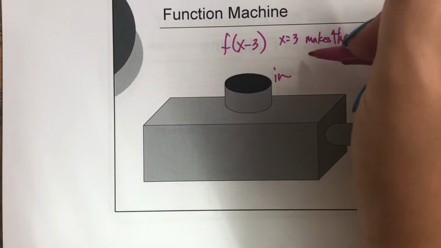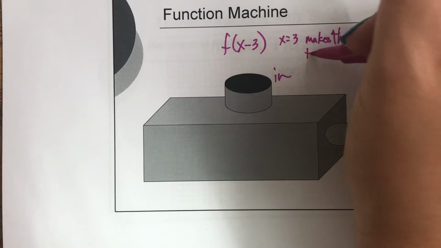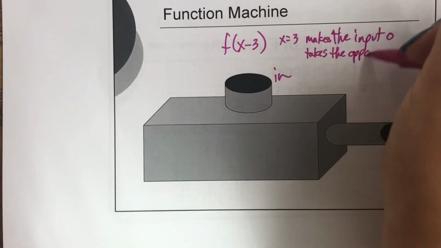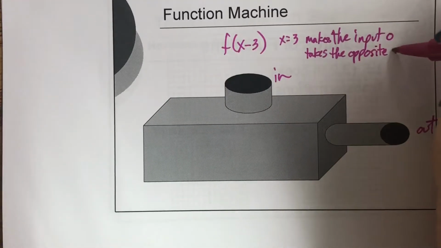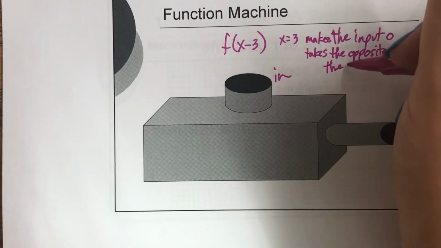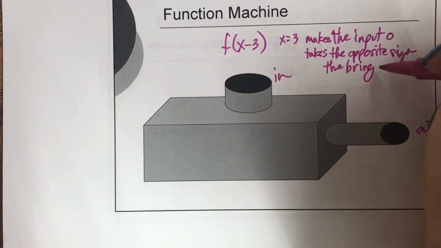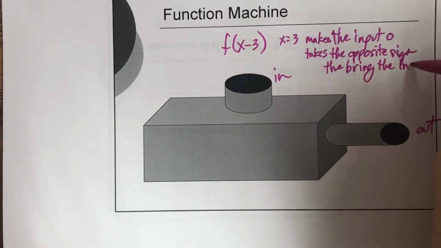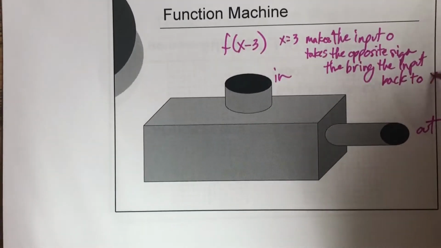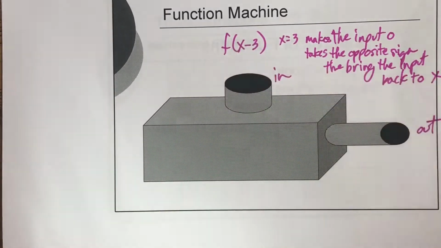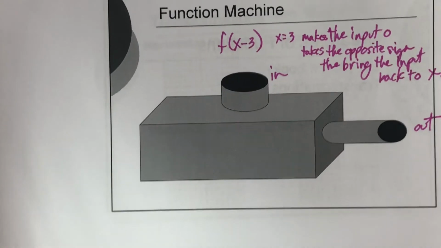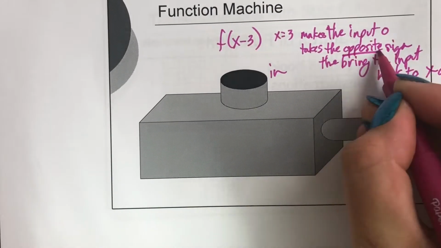In other words, it takes the opposite sign to bring the input back to 0 or back to x. Like 3 minus 3 back to 0. So it's the opposite sign.